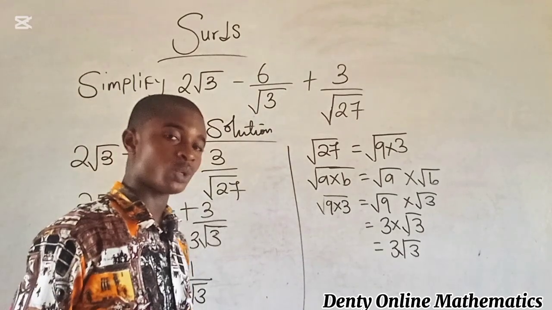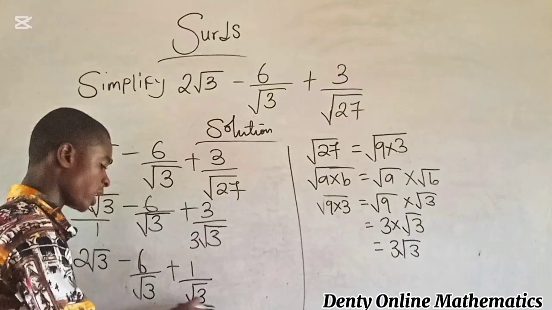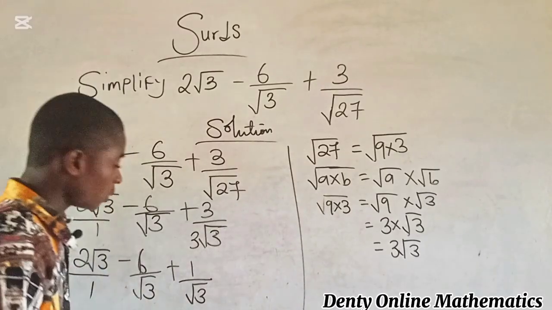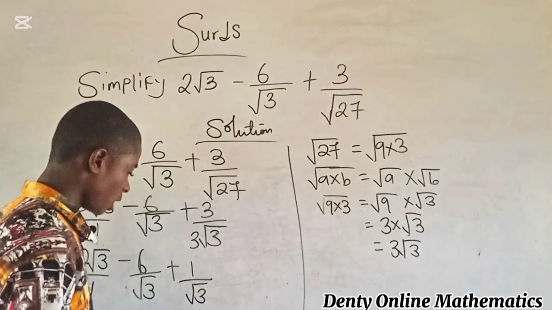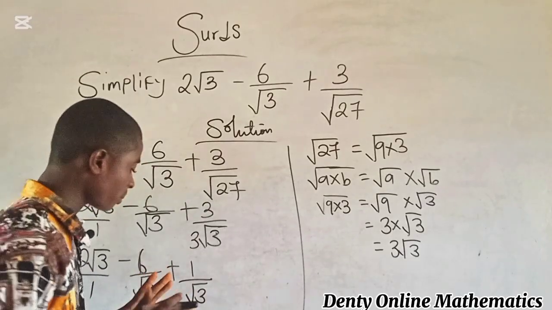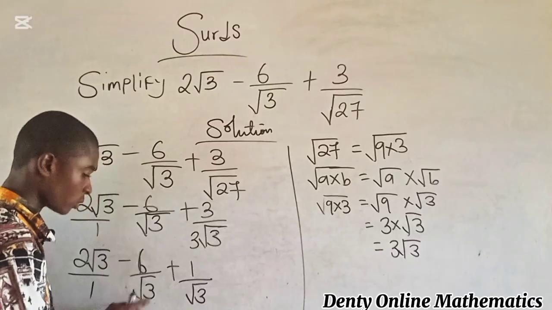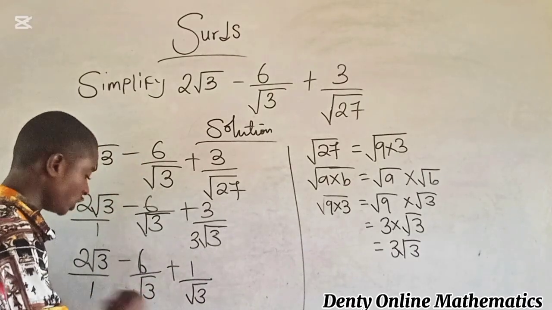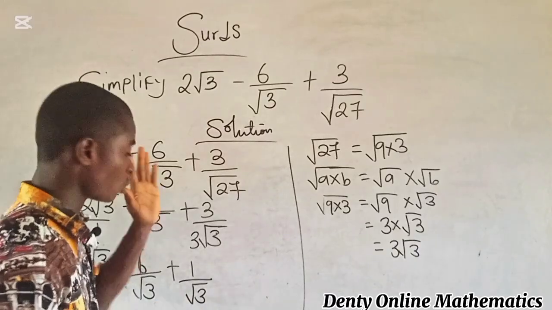Now what we are going to do is we need to clear out this square root at the denominator. Remember here is over 1. We need to clear out this square root. How do we do that? We can do that by the LCM. Now we know that the LCM of 1, root 3 and root 3 is the same as root 3, because this is very common at the denominator. So the LCM is what? Root 3.